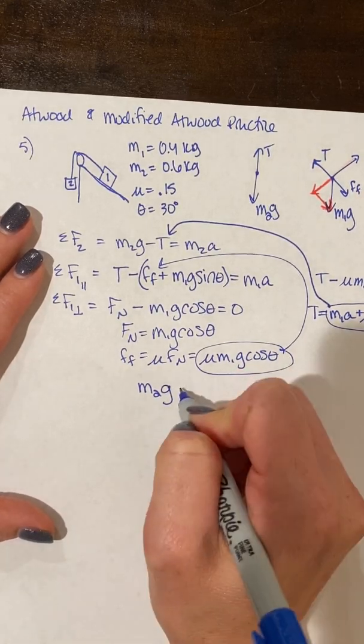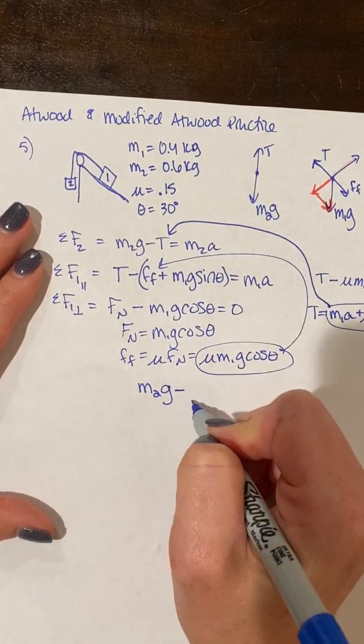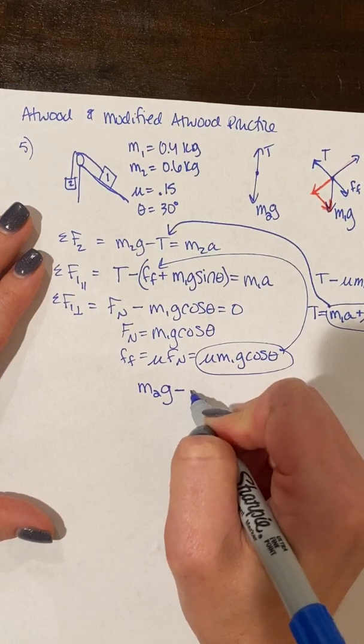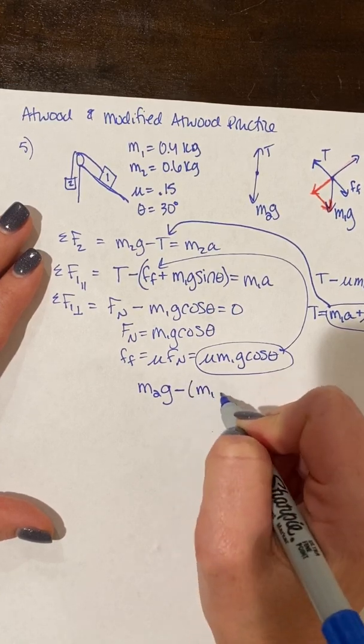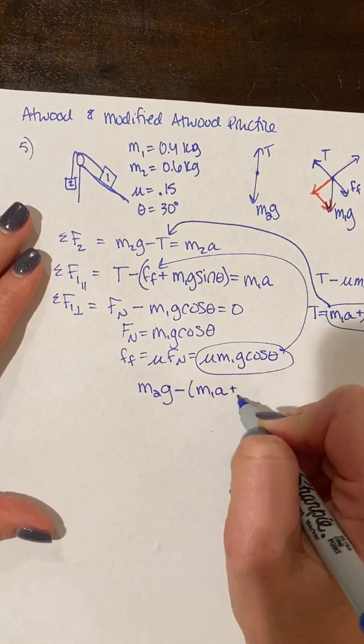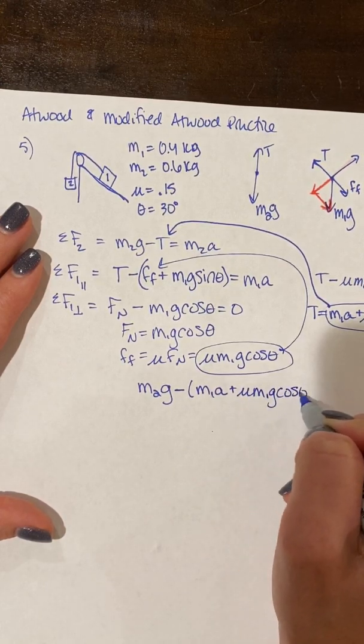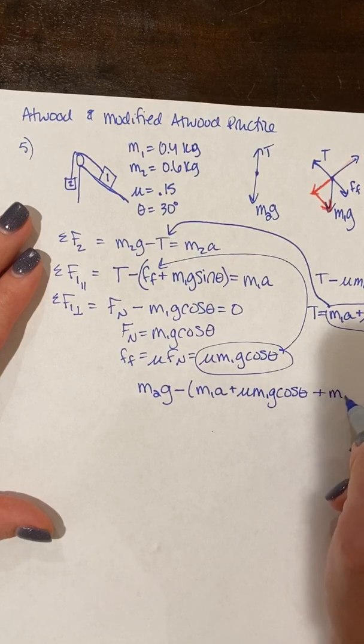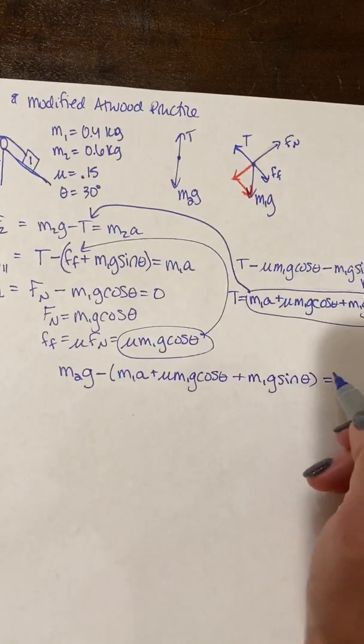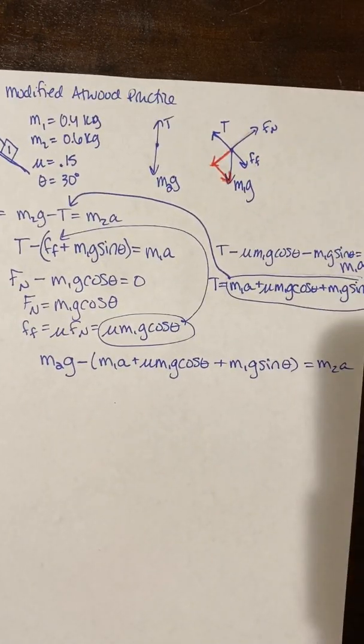So it becomes m2g minus tension, which is m1a plus mu m1g cosine theta plus m1g sine theta, is equal to m2a.